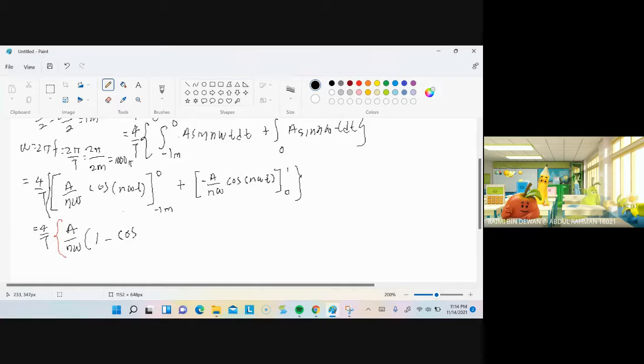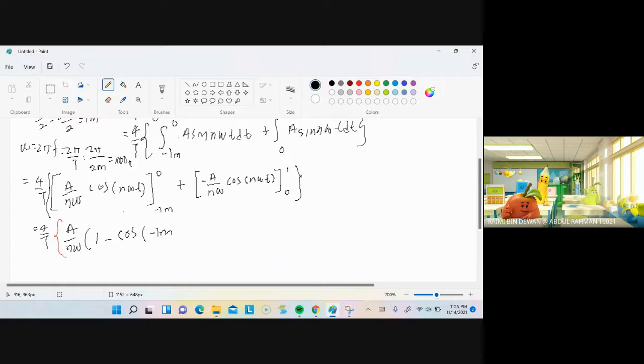1 minus cos negative, because you have negative 1 milli, am I correct?